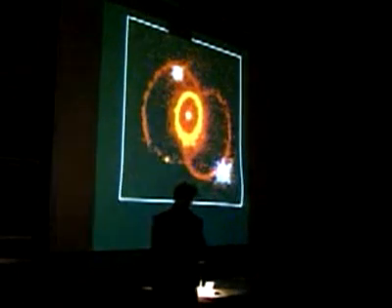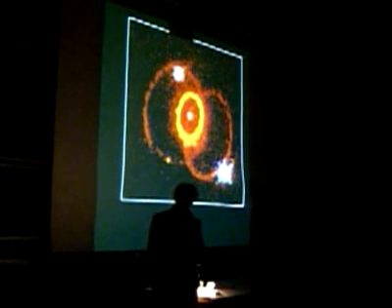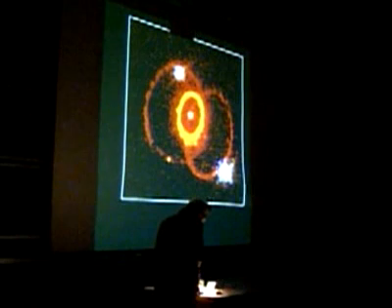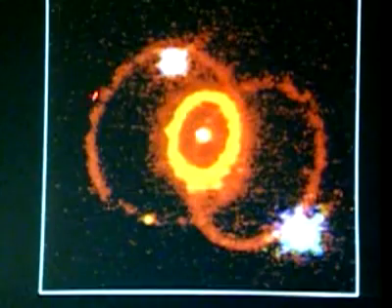We are expecting in a few years that the matter itself that was thrown off with a much more modest speed of about 10,000 kilometers per second will also plow into this ring, and then we expect some real fireworks again. There is no explanation that people agree upon for these two so-called hourglass rings. They are quite mysterious, and there are papers written on it, and people disagree on their origin.